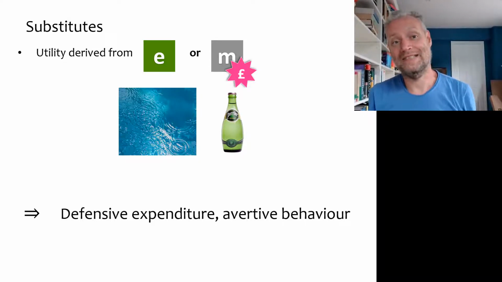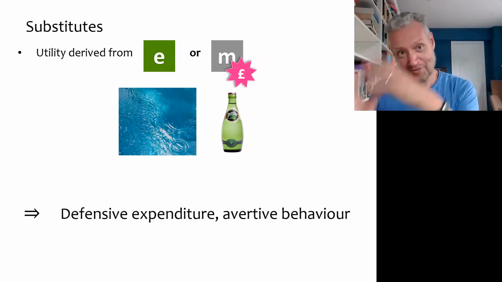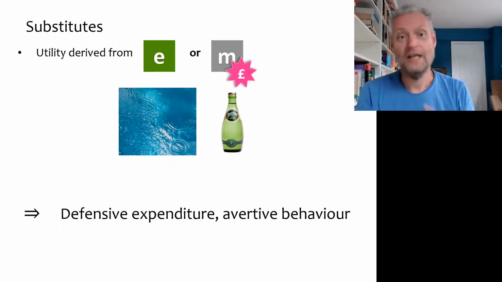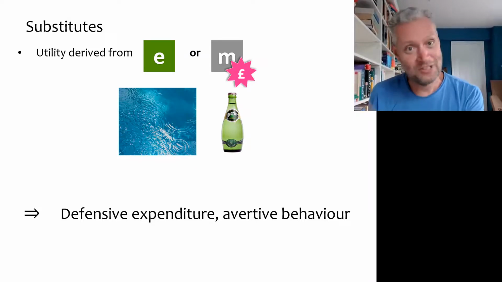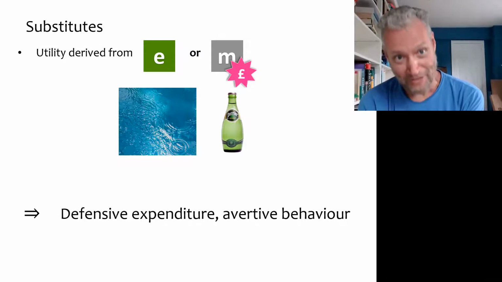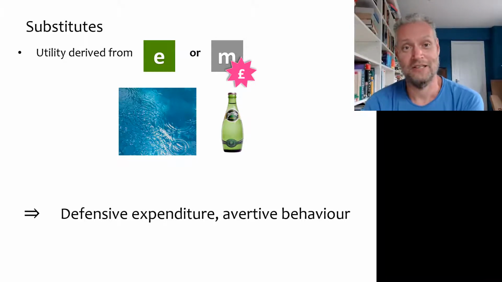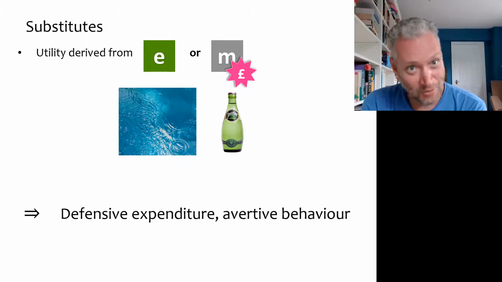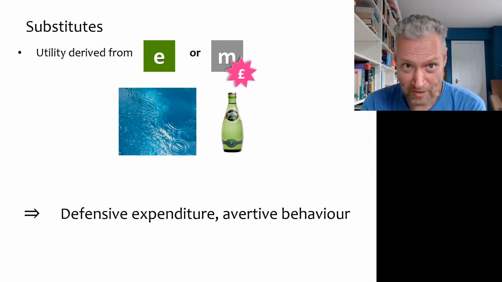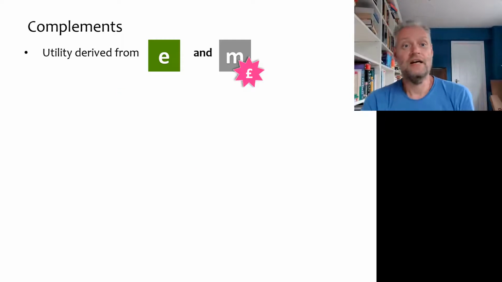Instead of accepting the dirty stuff that is in this case free, you go for the clean stuff for which you have to pay money, and the amount you are willing to pay for the clean stuff is an indication of how upset you are with the fact that the water in the stream next door is dirty. So that is one type of surrogate market.